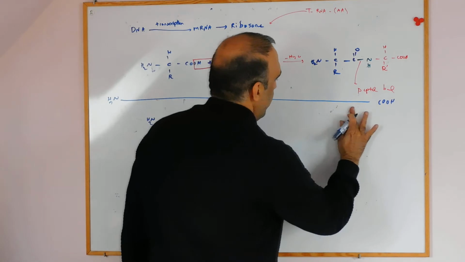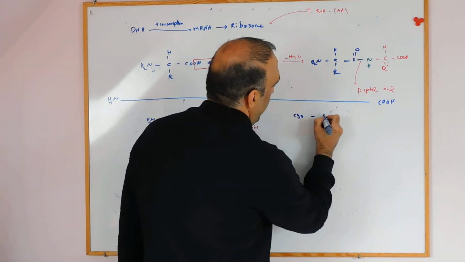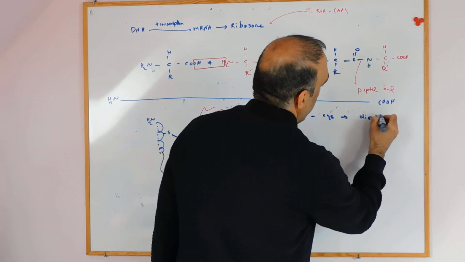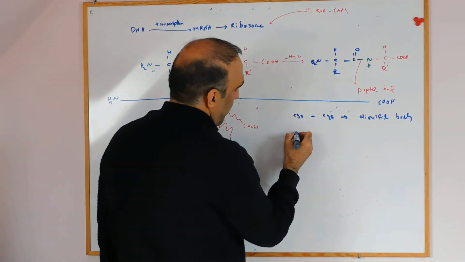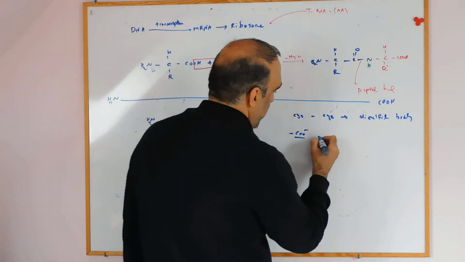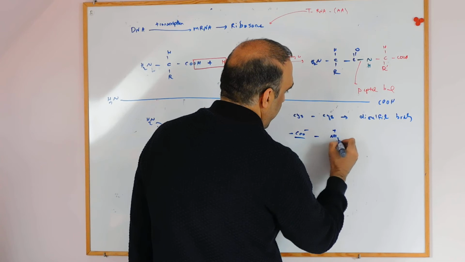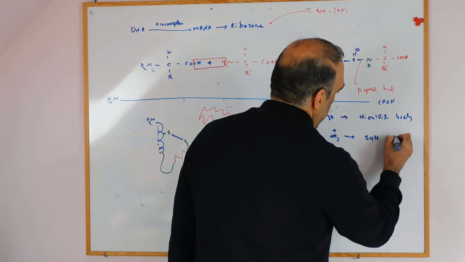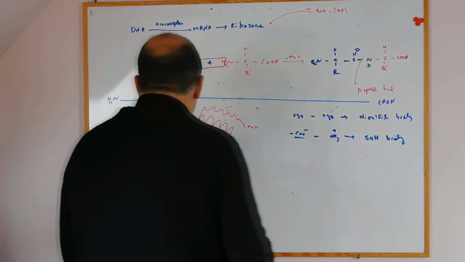Then I write here between cysteine and cysteine, it is a disulfide bridge, between COO minus carboxylic acid group and NH3 plus can work the salt bridge or electrostatic bond. Okay, now it is also fixed.